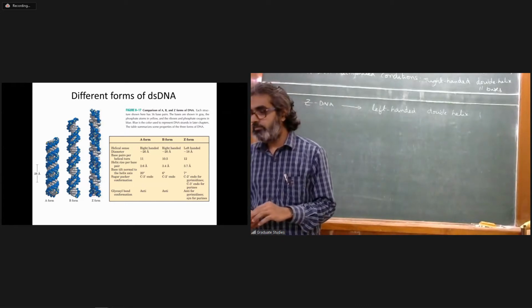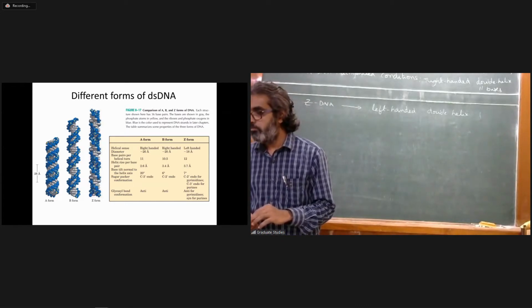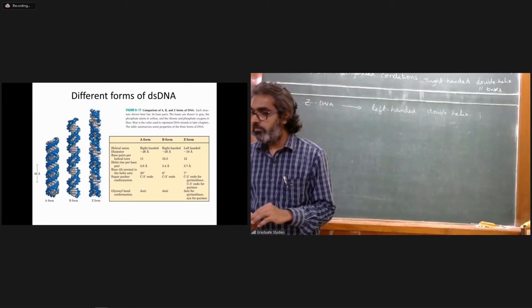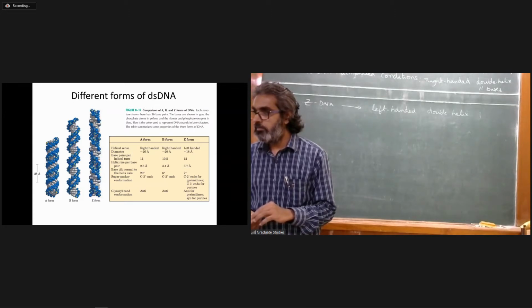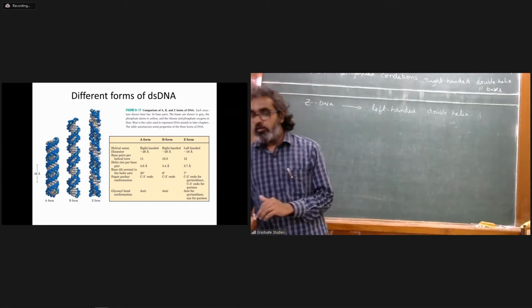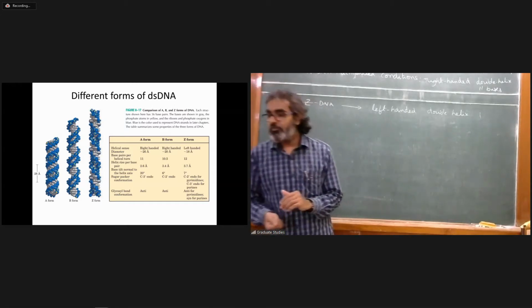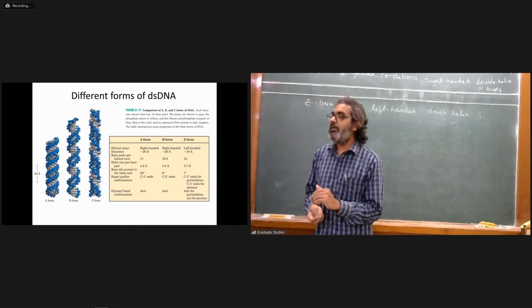No. How does the number of bases per helical turn increase? It's 10.5 in the B DNA, and it is 11 in the A DNA. So how does it increase? It ought to decrease because we are compressing it. Compression doesn't mean that you change the helices.